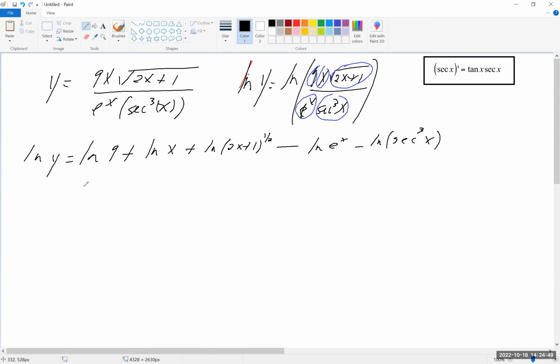Okay, so now I think we take one more line to simplify. Natural log of 9, that stays. The natural log of x, no problems with that. Here I need to bring down the 1/2 using the power property.